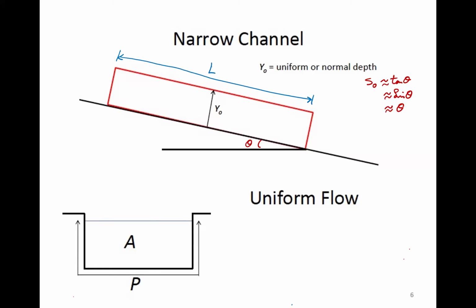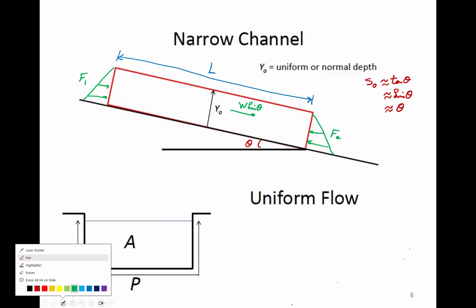Okay, so what are the forces that we have here? We already know that we have F1 upstream and F2 downstream, and these two are the same because depth is the same, and they cancel out, right? Then we have the weight along the slope, which is W sine theta.